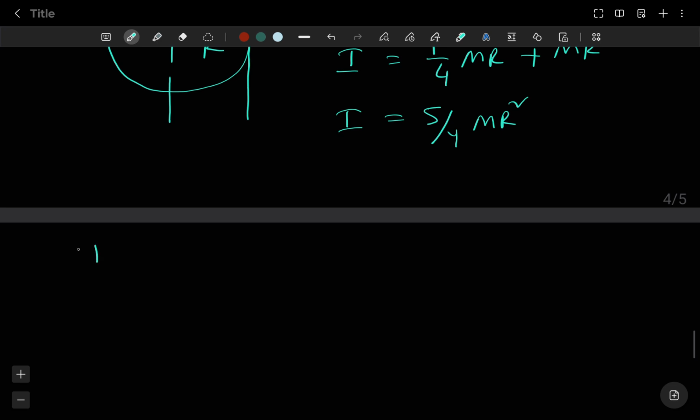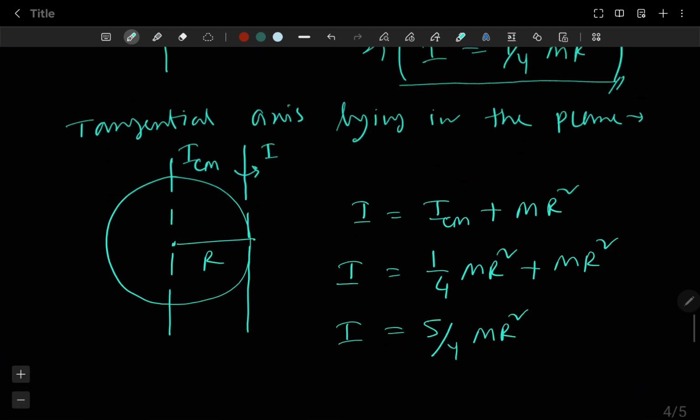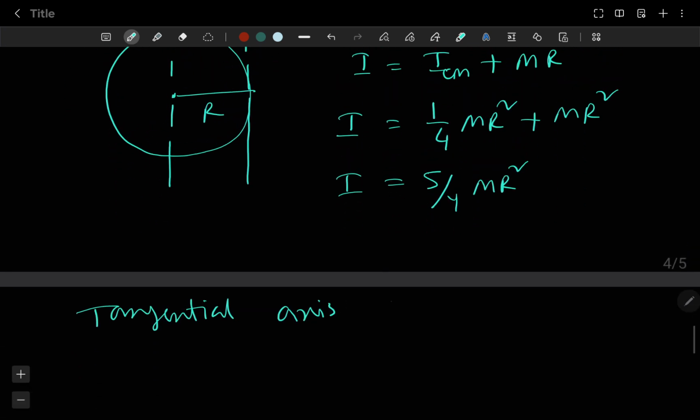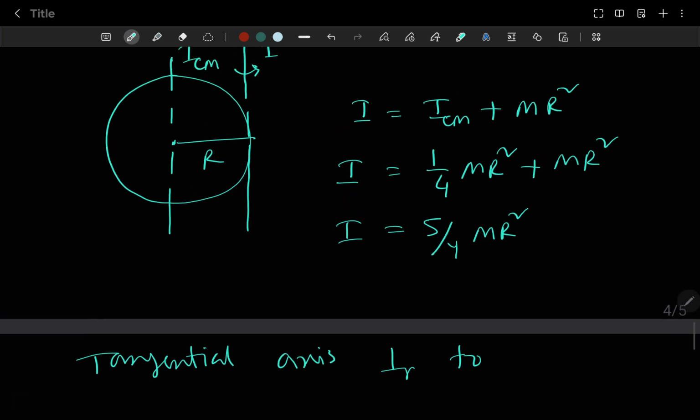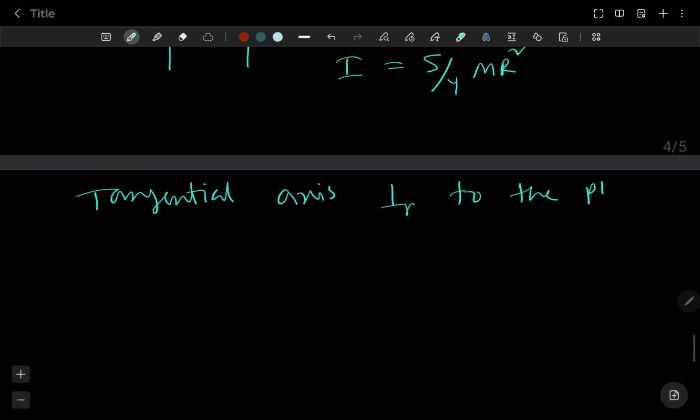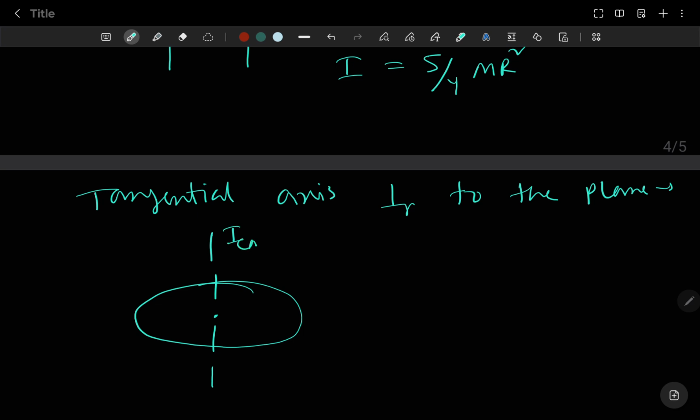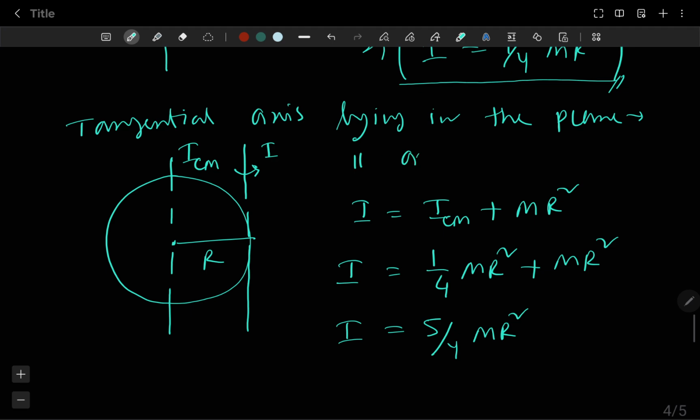And about the tangential axis perpendicular to the plane, we know this as ICM, so we need to calculate this as I. So parallel axis theorem, as in the previous case.